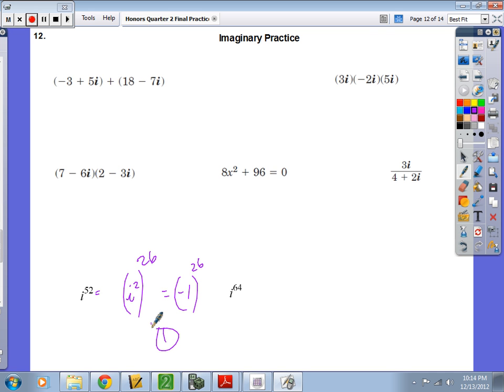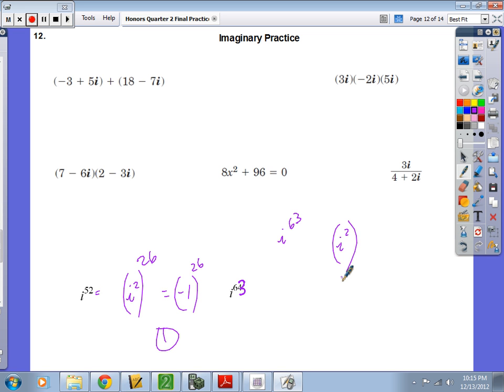Okay, i to the 64th. Oh, I should have done one of these odd and one of them even. So let's make this one odd. Let's swap out 64 for 63. All right, i to the 63. Same concept. How many i squareds are there in 63?